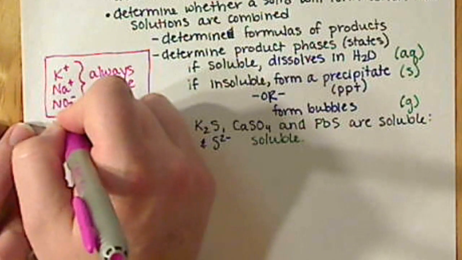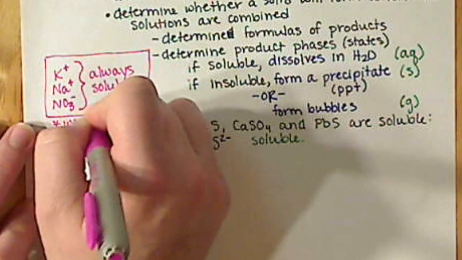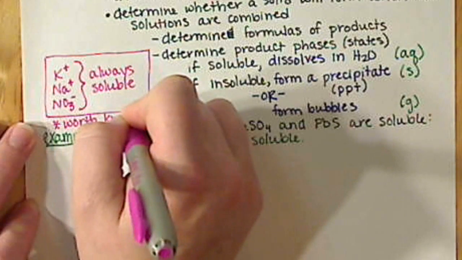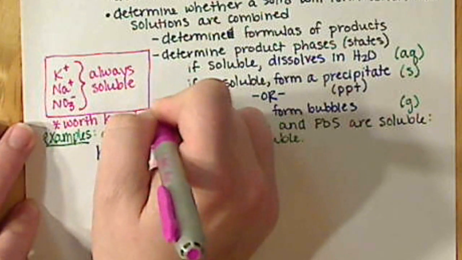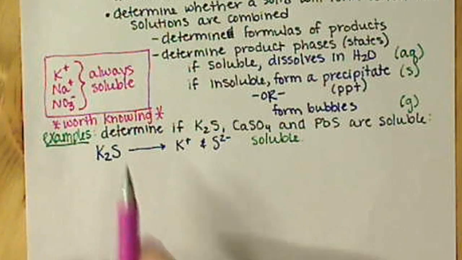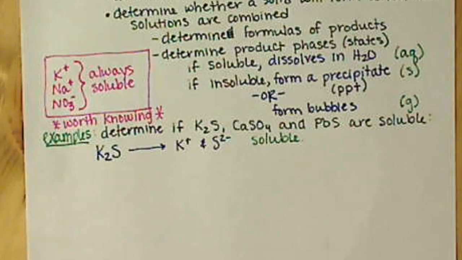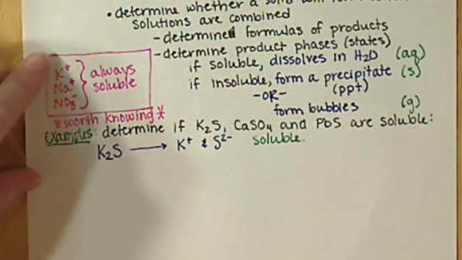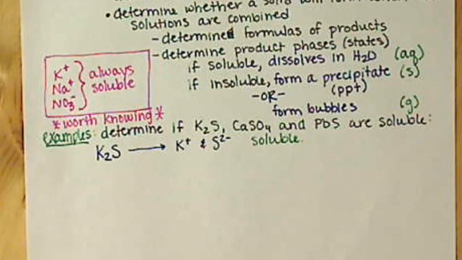This is worth knowing. I don't really like the word memorization. Basically, those are 3 that are worth putting into your memory banks. They're the most common ions. So usually if you can rule these out, it makes your life much simpler when determining if things are soluble or not.